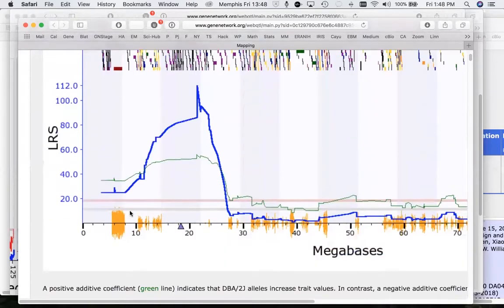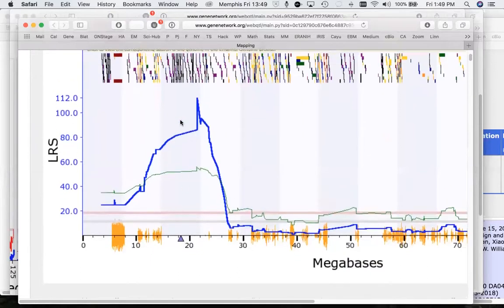And some of them are in regions that are highly polymorphic. So all of this orange hash you see here are regions where the two parents, the B and the D parent, differ a great deal genetically. And then some regions of the genome are very similar between the parents, the B and the D parent. And you'll see that's the case here.